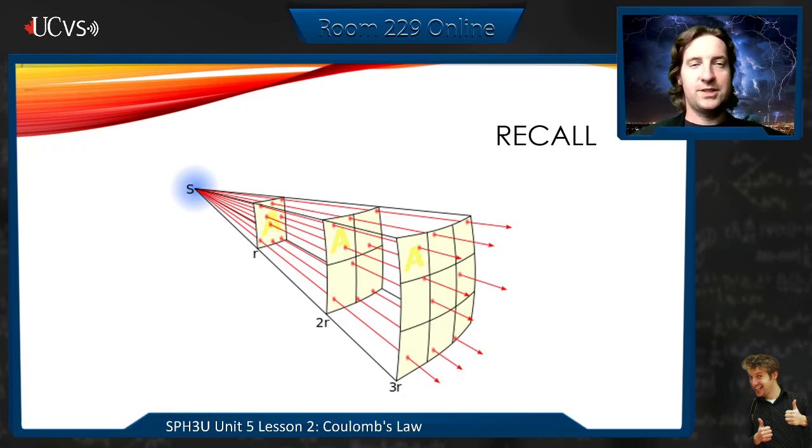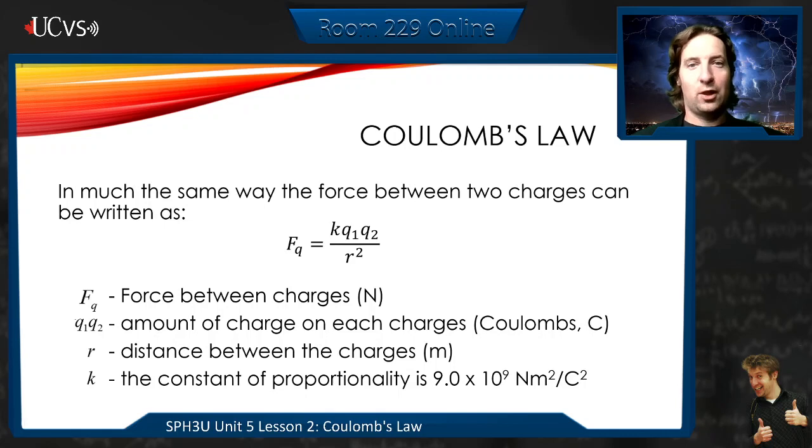So because these forces, just like gravity and electric field strength, are all spherically symmetric, their equations end up being very similar. And we come up with what we call Coulomb's Law, which has a very similar structure to our equation. Again, the larger the charges, the larger the force.